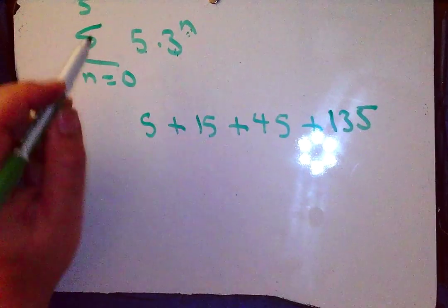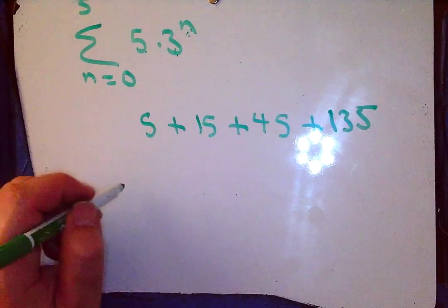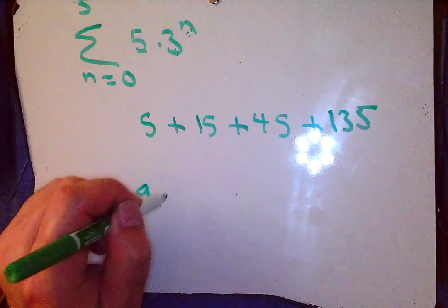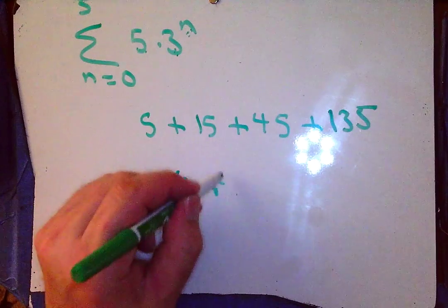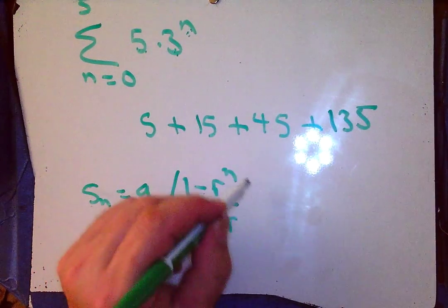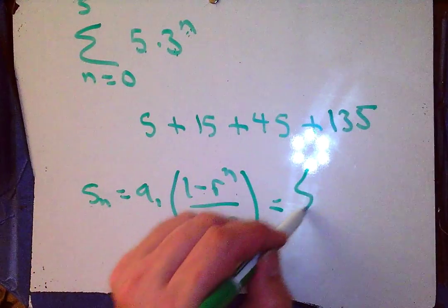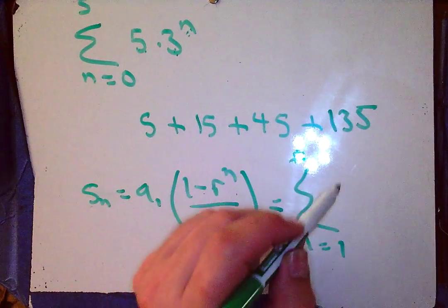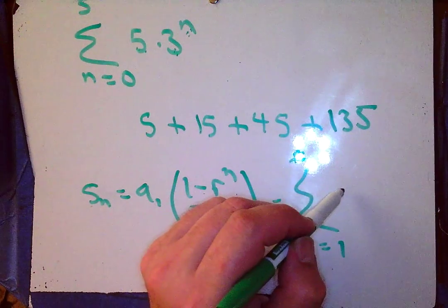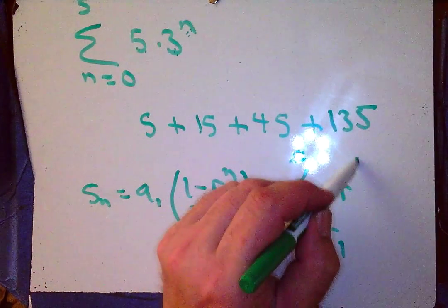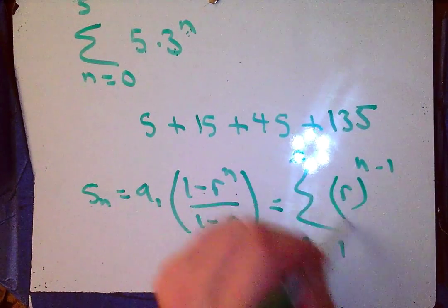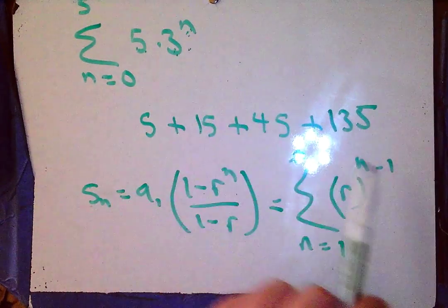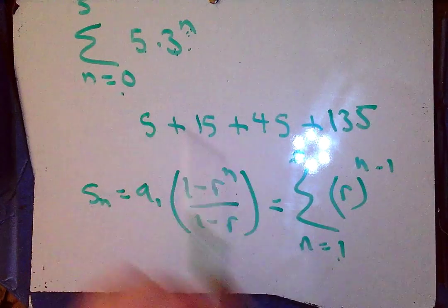The problem is that when we want to use S sub n equals a sub 1 times 1 minus r to the n over 1 minus r, that's based on this sigma, n equals 1 to some number, of r to the n minus 1 power.